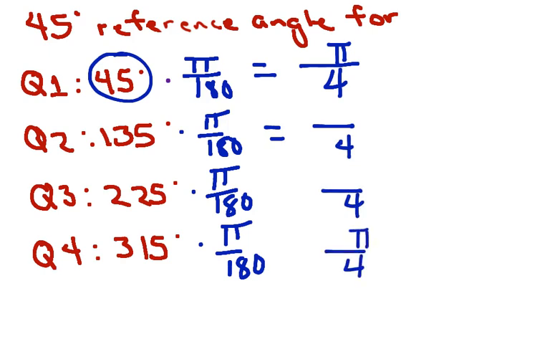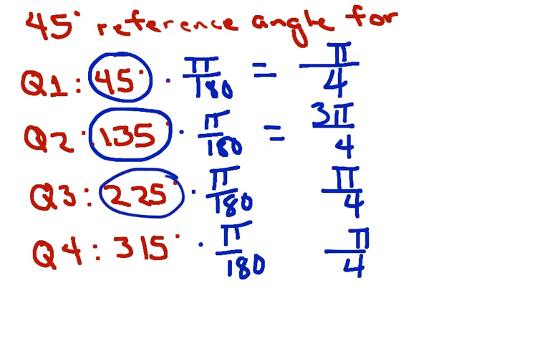And all you have to do is ask yourself, how many 45 degrees are in 135? That would be 3. How many 45 degree angles are in 225? That would be 5 of them. And how many 45 degree angles are in 315? That would be 7 of them. Notice that these are like 1, 3, 5, and 7.